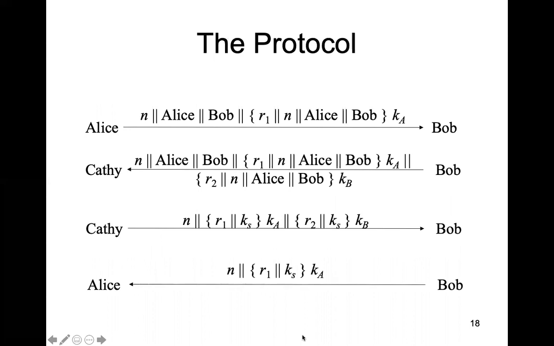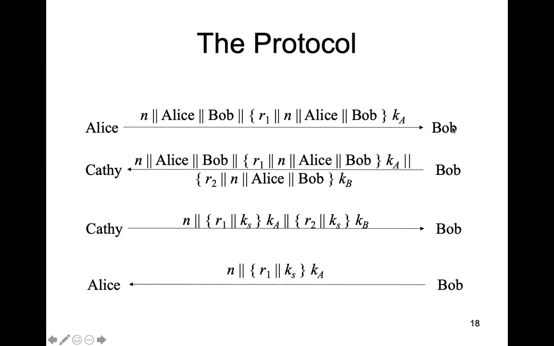Again, this can be written in pretty much the same form that you saw before when you studied Needham-Schroeder with those 5 messages, but this is a slightly different modification. So let's just look at it. Alice sends to Bob this message over here. She sends N, Alice and Bob, and this random number R1 tied together with this nonce, Alice, Bob, and KA.